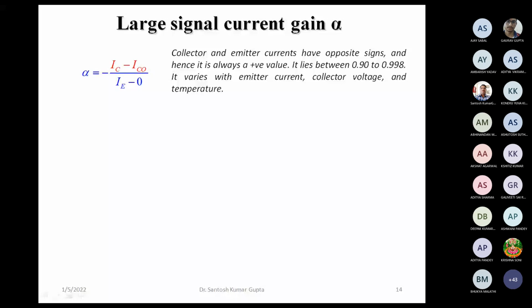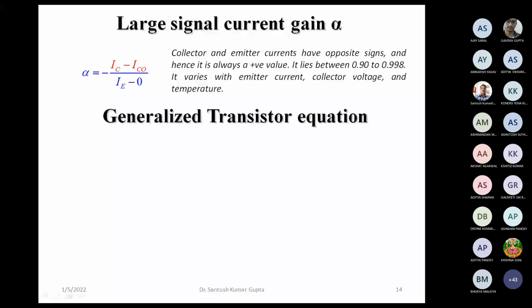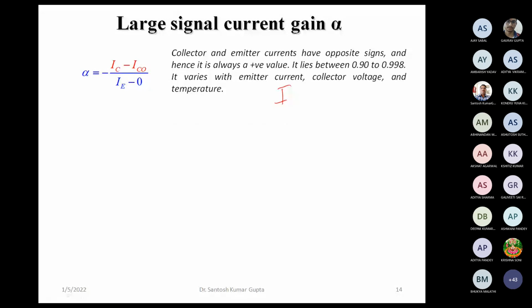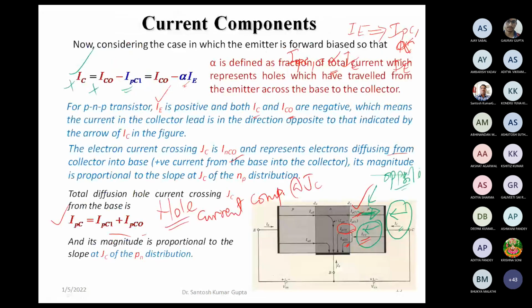We define another quantity here. Sorry, not another quantity, but alpha. For alpha, we have already written this equation: IC is equal to ICO minus alpha IE.